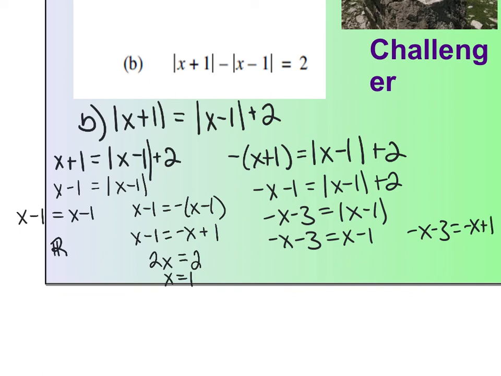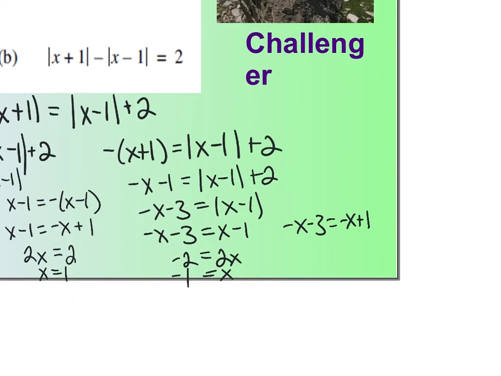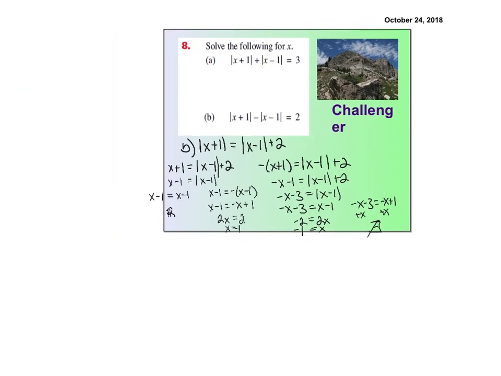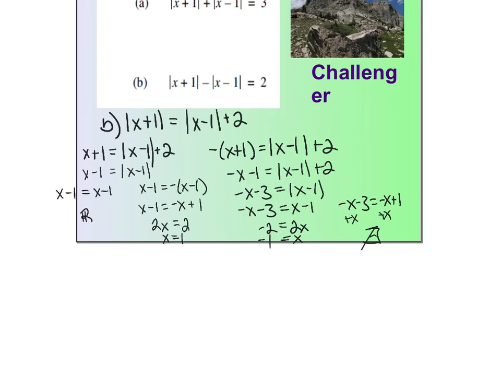So I'm going to add the x's and add the 1. So I get x equals negative 1. And if I add the x's here, I get no solution. It doesn't exist. So I get all real numbers, 1 and negative 1.